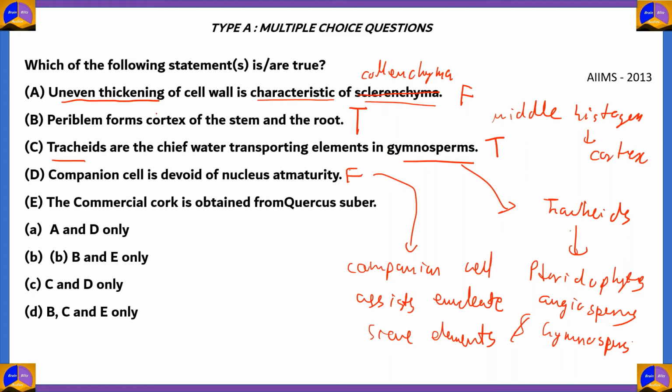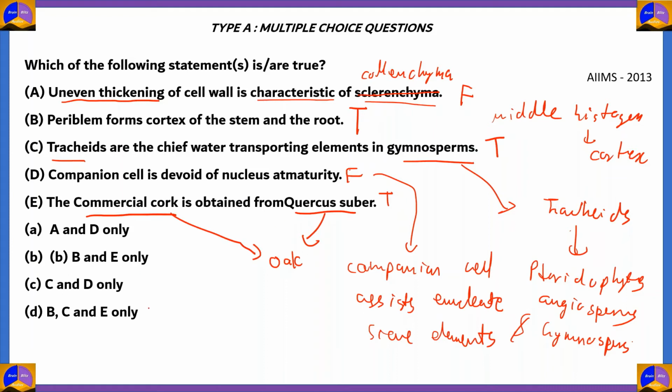So therefore, companion cell always has a nucleus, whether in its initial stages or in maturity. Statement E, the commercial cork is obtained from Quercus suber. This is correct. Quercus suber is a type of oak from where commercial cork was initially found. So after our analysis, we find that statements B, C, and E are true.